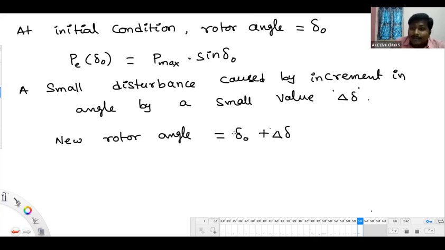Now at this new angle of delta naught plus delta delta, what is the electrical power? What is the value of electrical power at this new rotor angle?